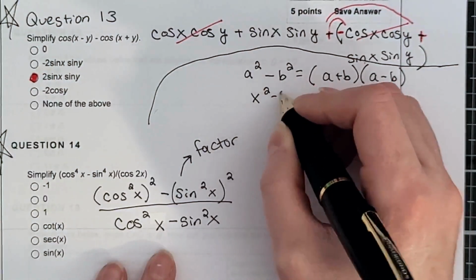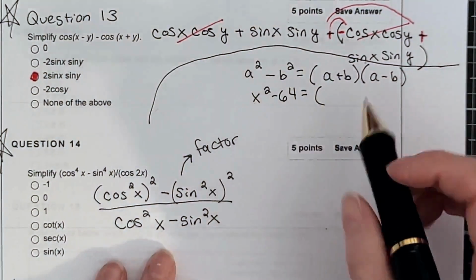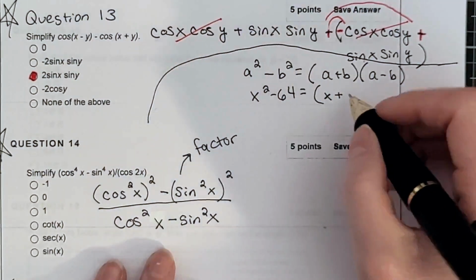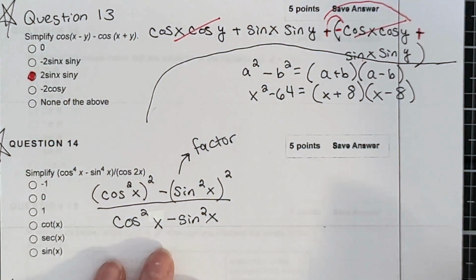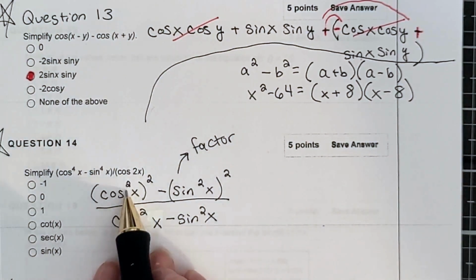So x squared minus 64. So that's saying you basically square root both of these. So I have x plus, and the square root of 64 is 8. So x plus 8, x minus 8. Okay, so that should recall some memories there. So we're going to do that kind of factoring with this down here.